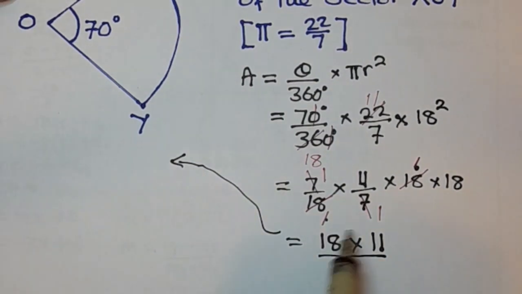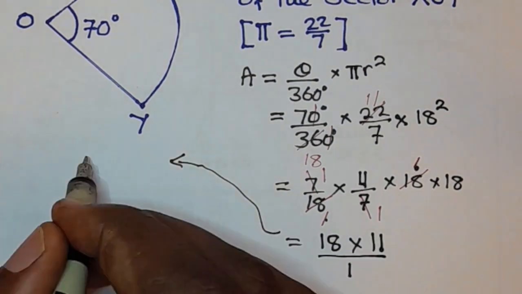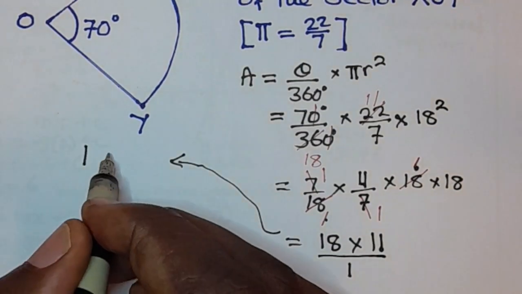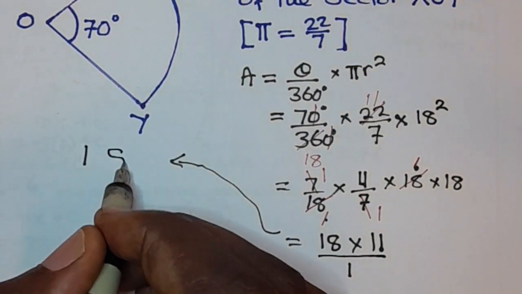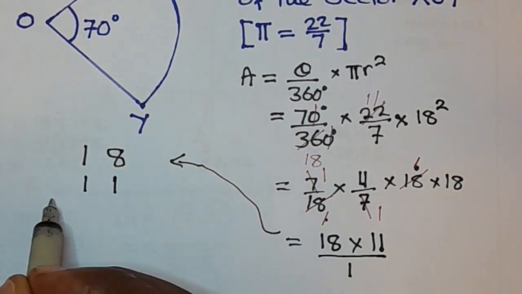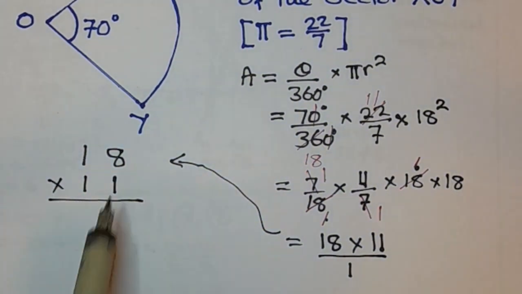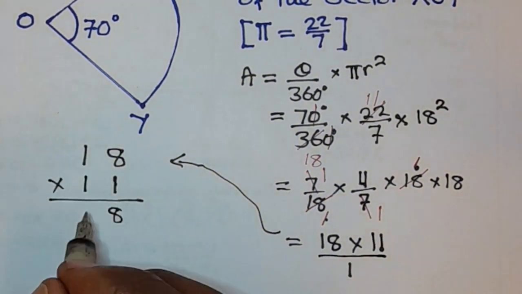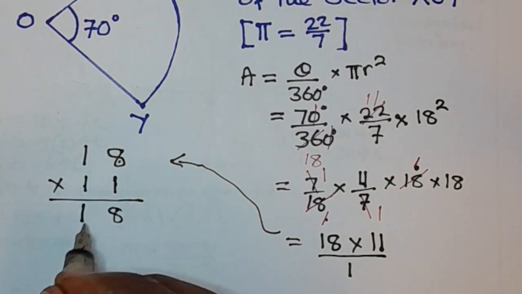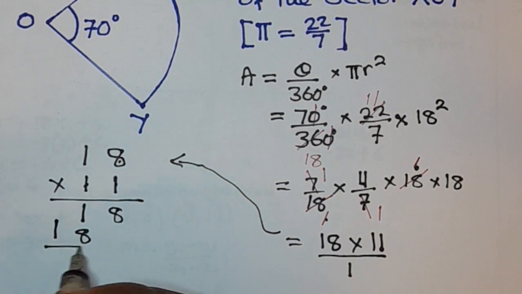Because this is paper 1 and you are not allowed to use a calculator, you can multiply them like this. 18 times 11, okay, like this. So 1 times 8 is 8, 1 times 1 is 1, 1 times 8 is 8, 1 times 1 is 1.